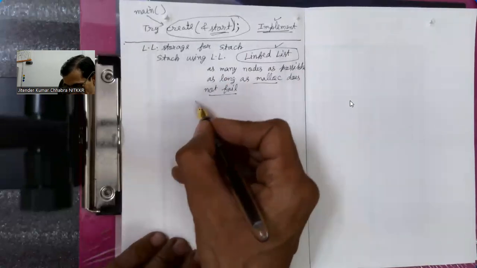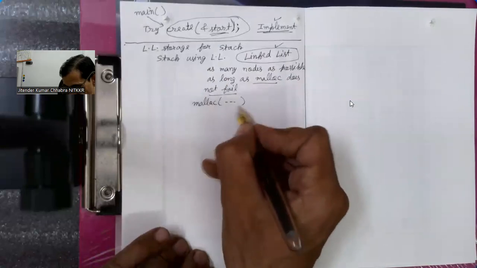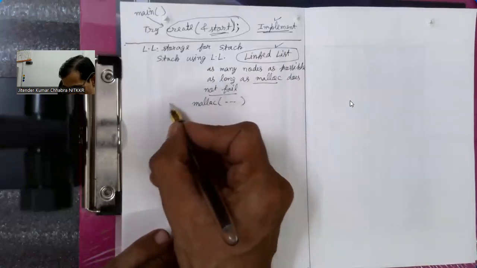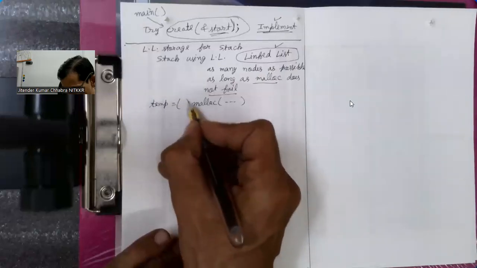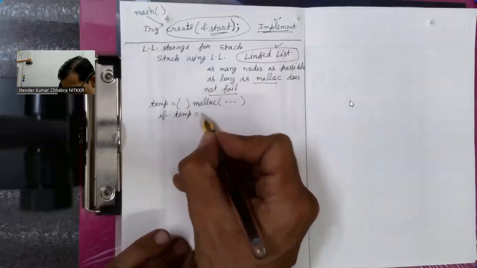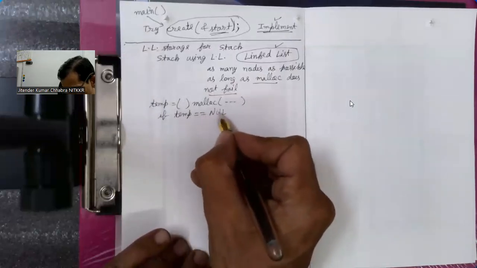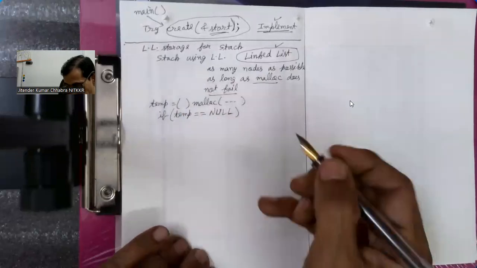So you can do that. And remember, malloc will return null. That also we have discussed in the previous classes. And we must always have a check on that. So whenever it is null, that is, if temp returned is equal to null, that will mean malloc was failing, and accordingly we have to take some suitable action.